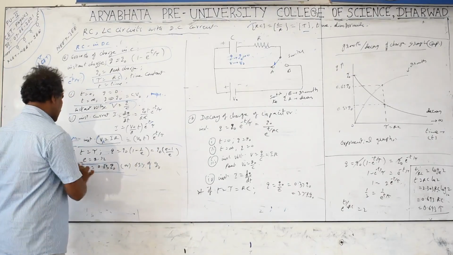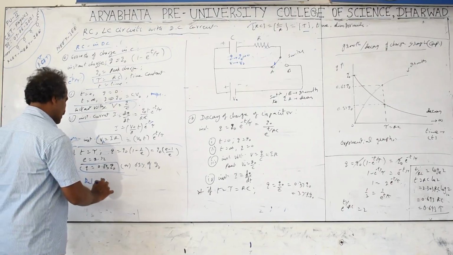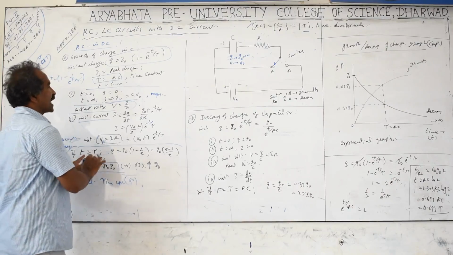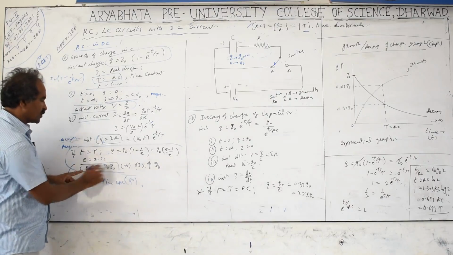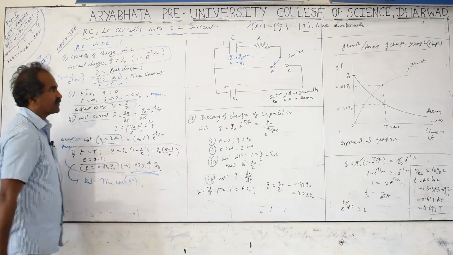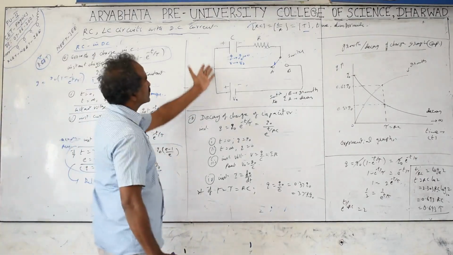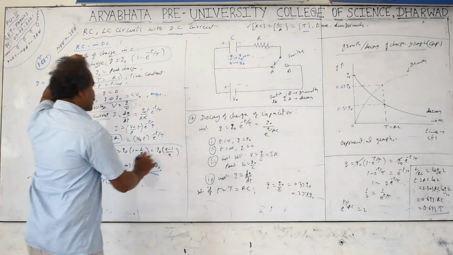From this we can take the definition of the time constant, tau. It is the time taken for the charge to increase from 0 to 63% of Q naught. The charge increases from 0, since there was no charge at first, not to the maximum, which is 63% of the maximum, not 100%.